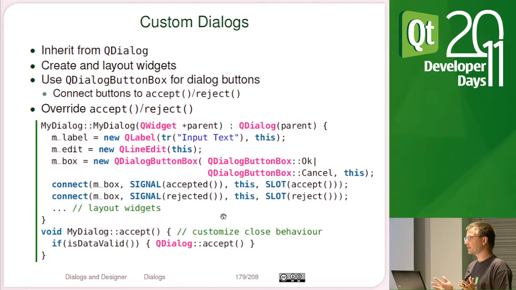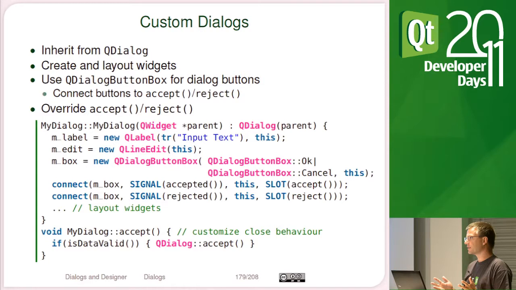Okay, so there are two ways of closing the dialog: the user can press the OK button or he can press the cancel button. Or the third possibility would be that he closes the dialog with the X button in our window decoration. So that means if he is pressing the OK button, the dialog gets accepted.